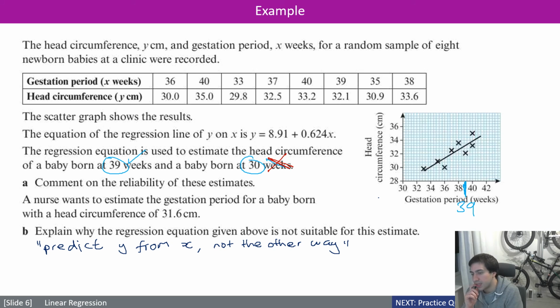You'd want to identify and say, okay, head circumference is the dependent variable, gestation period is the independent variable. You should not use the model to predict a value of the independent variable based off the dependent variable. That's how you'd want to phrase your answer. Cool.